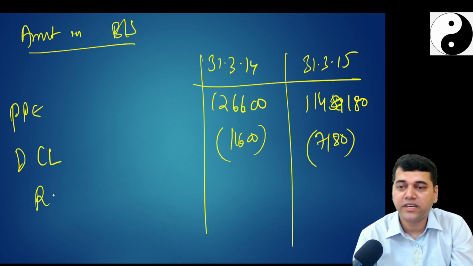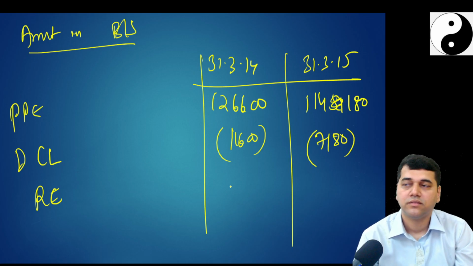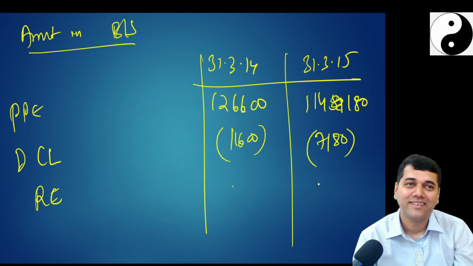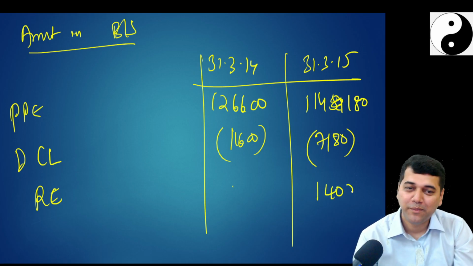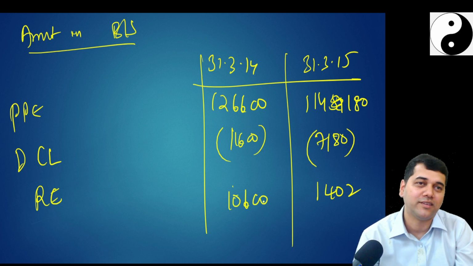What is my retained earnings? On 31st March 2014. That is when? The 14,602 is when? My question is how much is on 31st March? 10,600. There, in that question only there was a breakup, no?